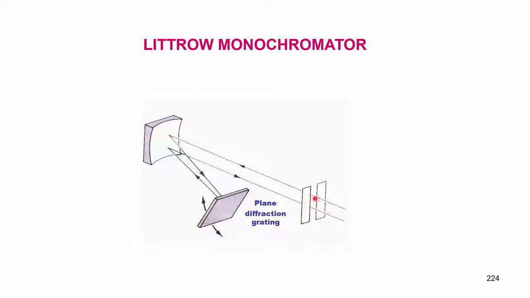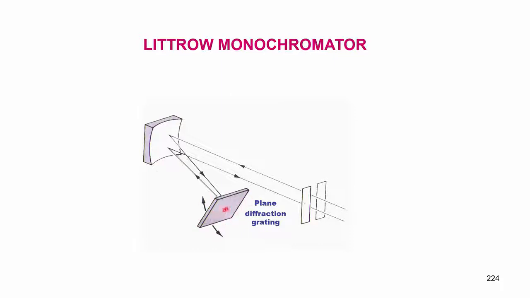So, what is a Littrow monochromator? I just have a slit here, the entrance slit. Radiation coming from the hollow cathode lamp moves like this and then hits a concave mirror and gets concentrated. All concave mirrors have the property of concentrating the radiation at their focal wavelength. So, concentrated radiation falls on the plane diffraction grating. Okay. This is a diffraction grating which separates the wavelengths.